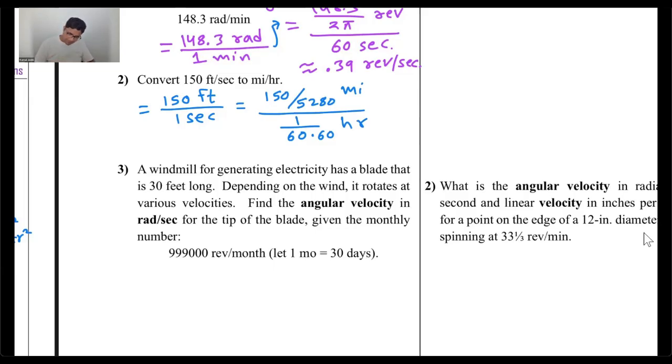Okay, and here a little bit of calculation technique will help you. The 60 times 60 will flip over and get multiplied. So 150 times 60 times 60 divided by 5280 miles per hour. That will be your answer.